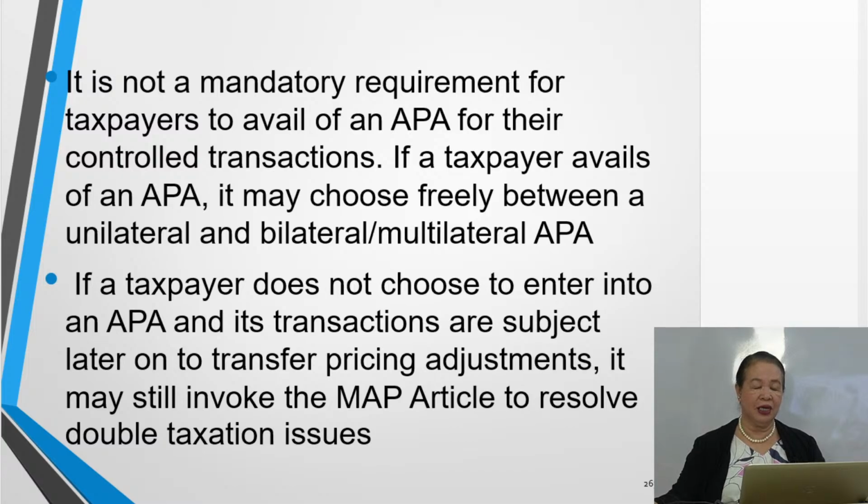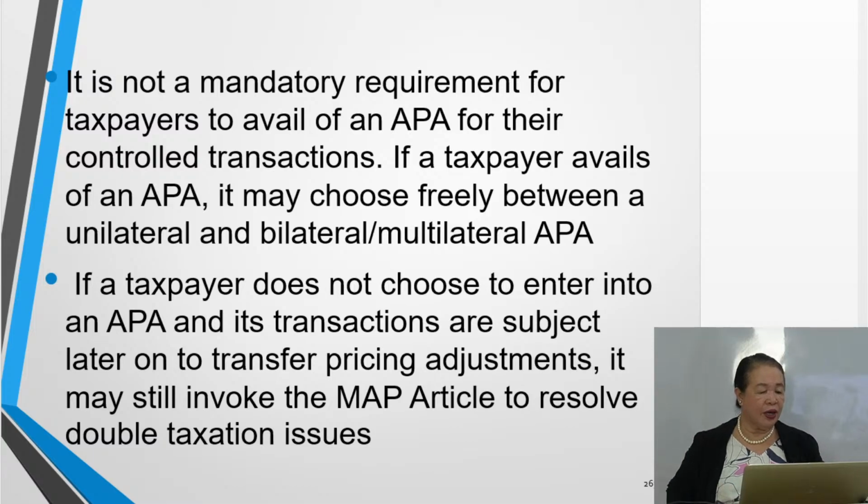But, ano yung iwasan mo doon? The risk of being audited. Kasi hindi ka submit ng APA mo. No? Advanced pricing arrangement. If a taxpayer does not choose to enter into an APA and its transactions are subject later on to transfer pricing adjustments, it may still invoke the MAP article to resolve double taxation issues. No?